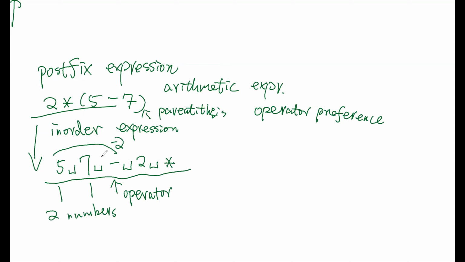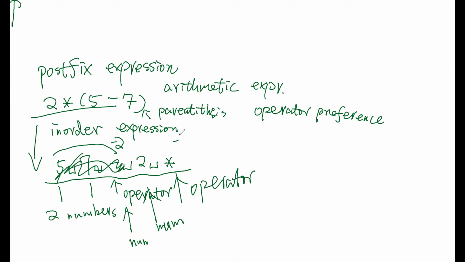So you can cross this part out. Then you have negative 2 and 2 and multiplication: a number, another number, and an operator. Negative 2 times 2 is negative 4.